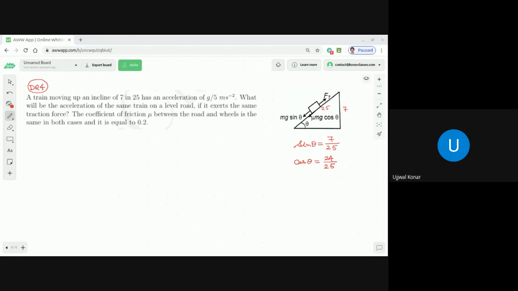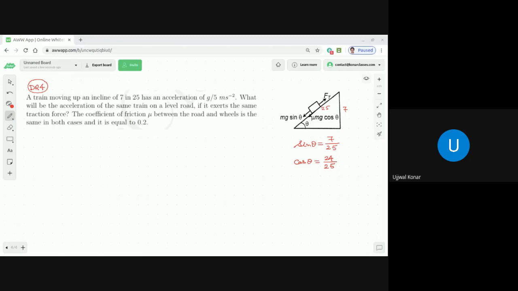So if you look into the inclined plane, what are the forces acting on it? That is the traction force, Ft. Then the weight of the train, which has two components, as you see. One is mg sine theta along that inclined road. And there is a frictional force also.